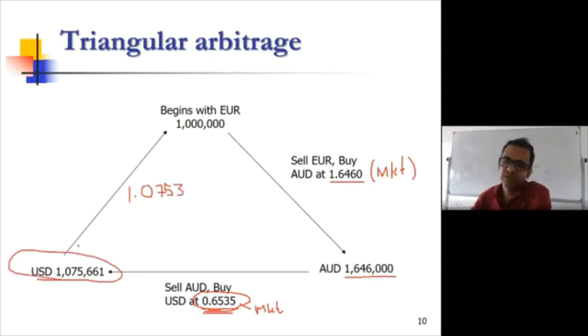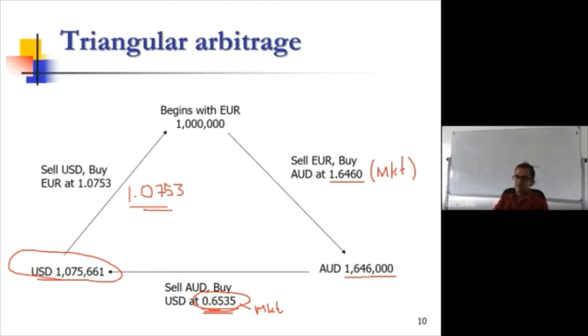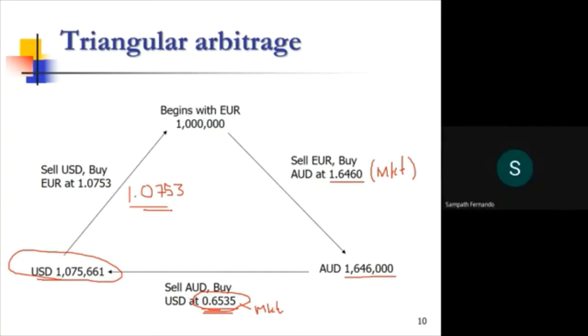How many euros can you buy at this rate? So you sell dollars and buy euro at 1.0753. What is the amount of euros that you will receive? How do you calculate? 1,075,661 divided by 1.0753.